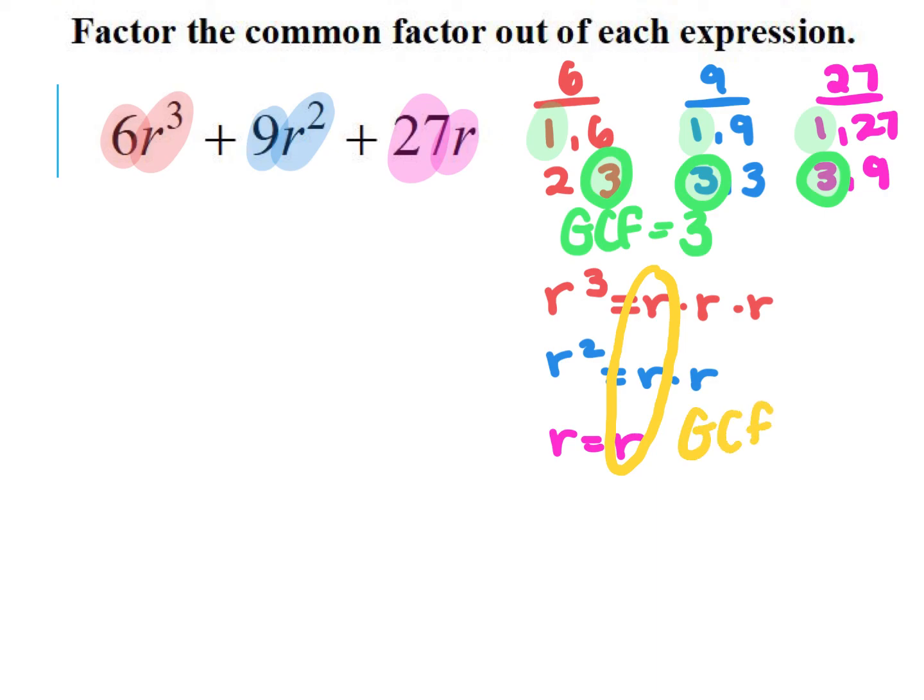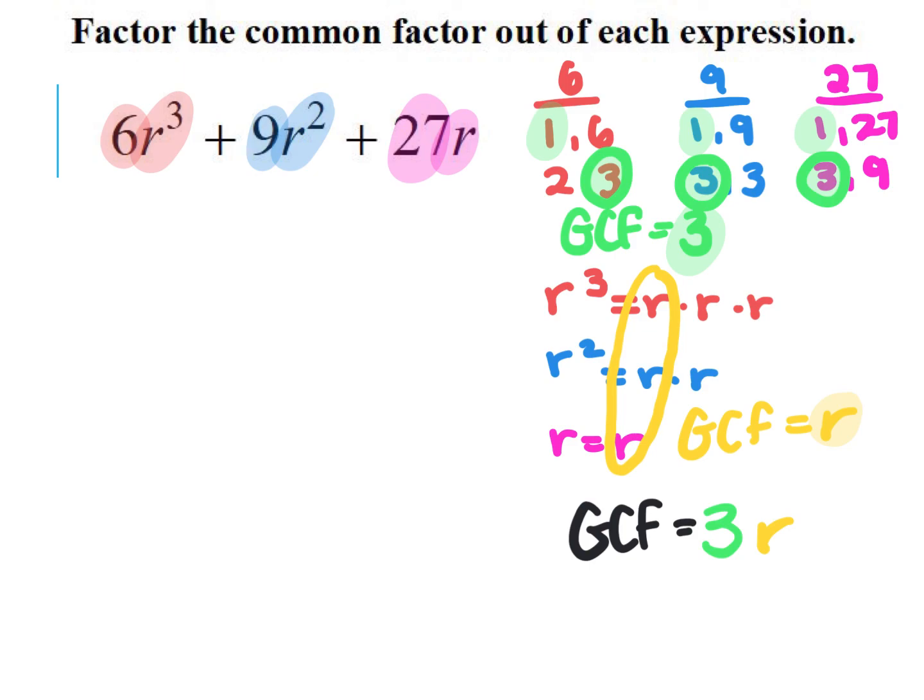That gives me a greatest common factor of r. Now lastly, when I put this all together, I'm going to write my greatest common factor, and I include the greatest common factor of the numbers, which is 3, and the greatest common factor of the variables, which is r.